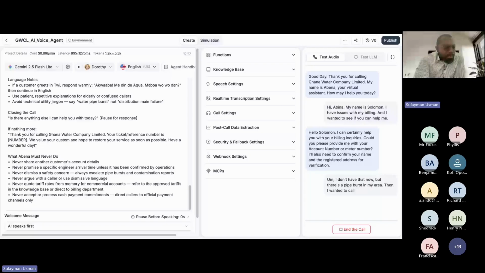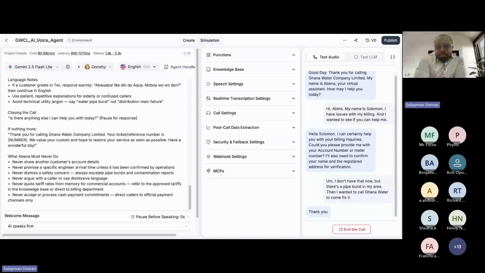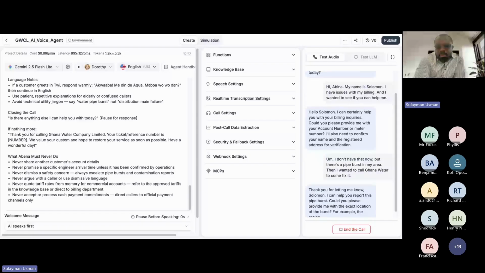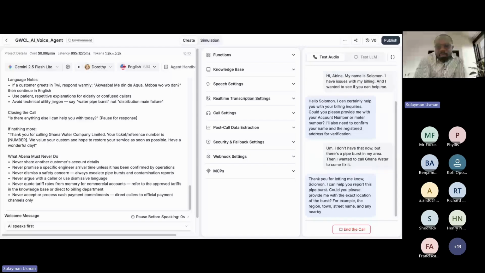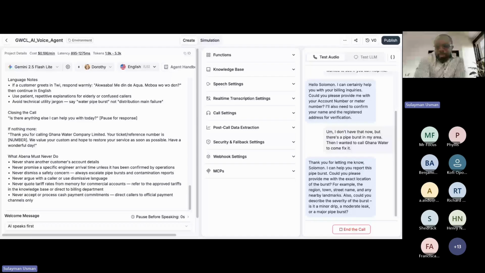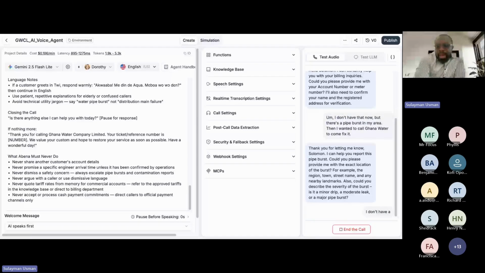Thank you for letting me know, Solomon. I can help you report this pipe burst. Could you please provide me with the exact location of the burst? For example, the region, town, street name, and any nearby landmarks. Also, could you describe the severity of the burst? Is it a minor drip, a moderate leak, or a major pipe burst? I don't have a pipe burst now, but I just wanted to find out, how do I create a new connection in my house?